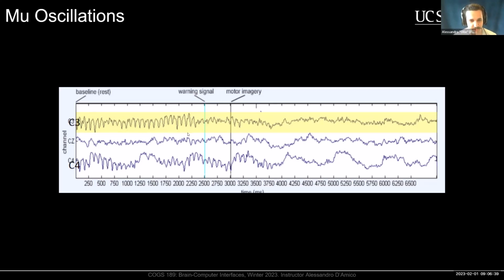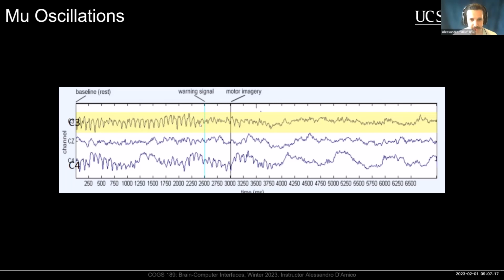And then as soon as they're cued to begin starting motor imagery, and also when they get into motor imagery, we actually see a decrease in the amplitude of mu. So we can see we have very high mu activity on both these channels. Motor imagery starts, and then we see a decrease in mu in both of the channels. So this is one of the difficulties in motor imagery based BCIs, is that even if you're thinking, okay, I'm going to be, I'm thinking about moving my right hand, we would expect to see that change predominantly on the left hemisphere.